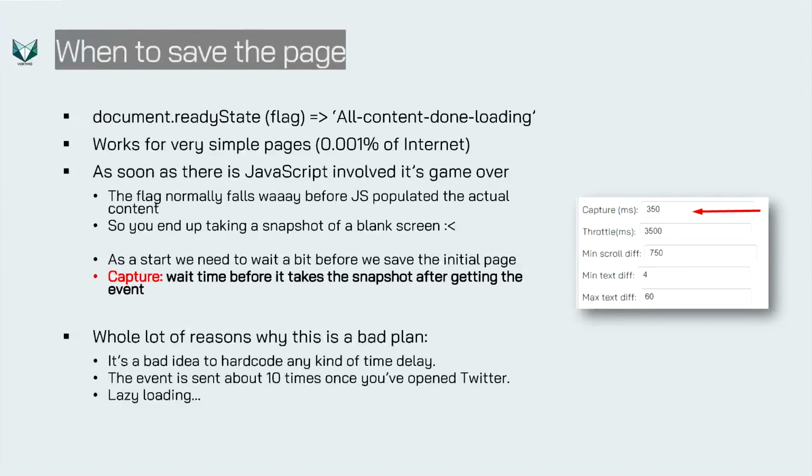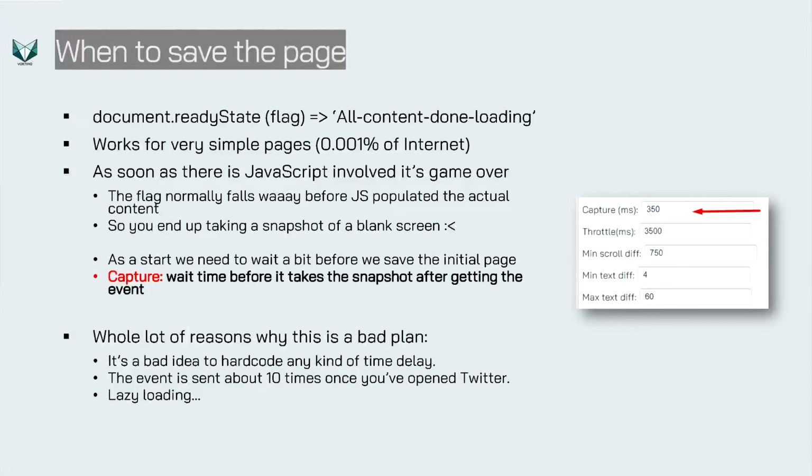You look at the document ready state flag, and when that flag drops, it tells us all the content is loaded, the page is now good to go, and then you save the page. And it kind of works, but it works for a very small percentage of the internet. Basically, it works for any kind of static HTML site.